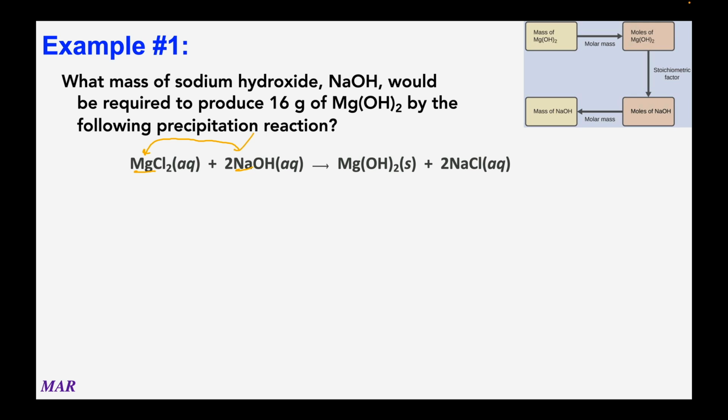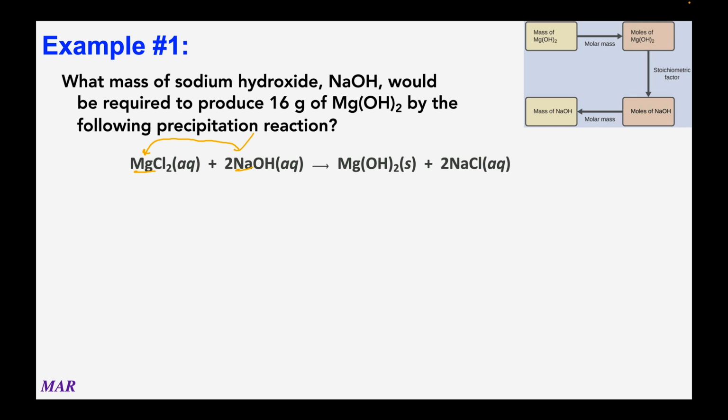Most hydroxides are insoluble, so we need to put an (s) by them. The only time they're not is when the hydroxide is next to sodium, potassium, lithium, the group 1A cations. Chlorides are usually (aq), and sodium is always (aq). That's why there's the (aq) by the NaCl.